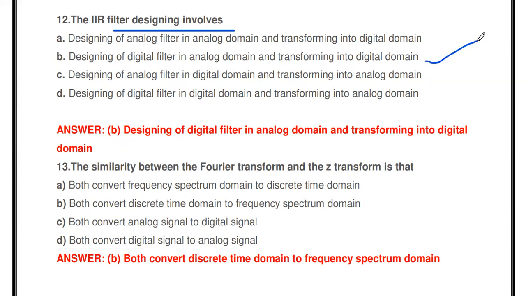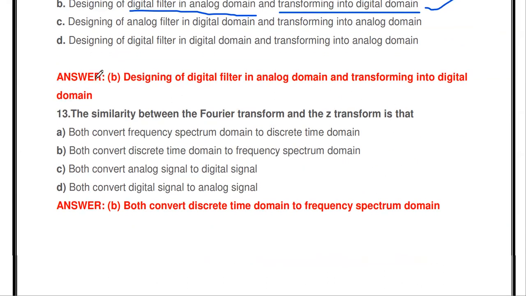So B is the correct answer. That is, we have to design the digital filter first in analog domain. We can't directly design the filter in digital domain. First, for the given digital specification, we design in analog domain and transform it into digital domain. This is the concept used in IIR filter design.